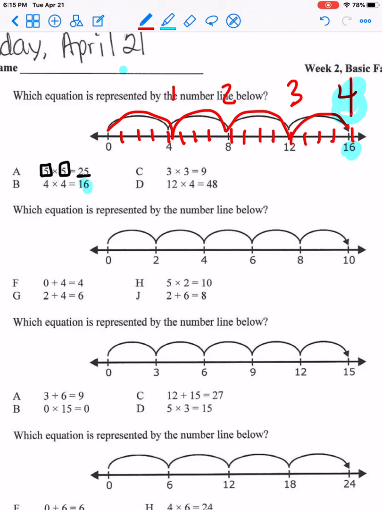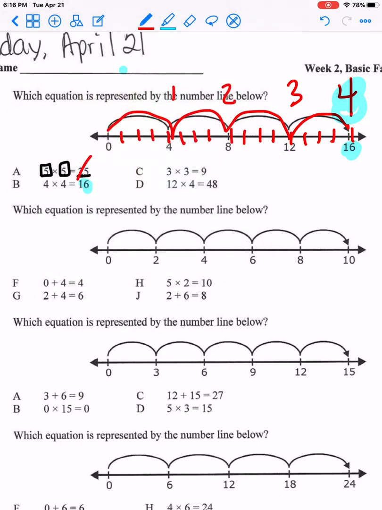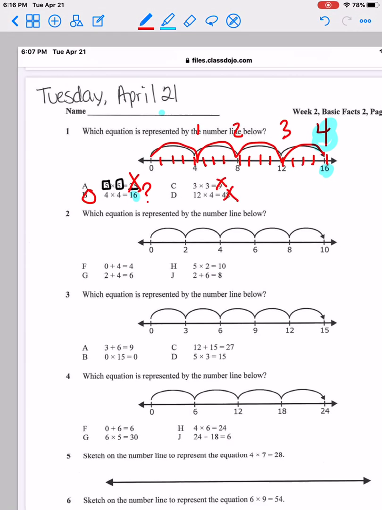Well, no. My product is not 25. Letter B. 4 times 4 equals 16. Maybe. Letter C. 3 times 3 equals 9. No, my product is 9. 12 times 4 equals 48. No, my product is not 48. So my answer choice is B.